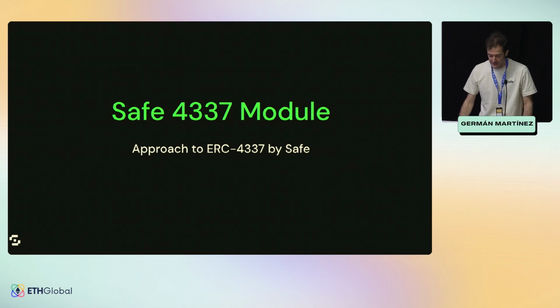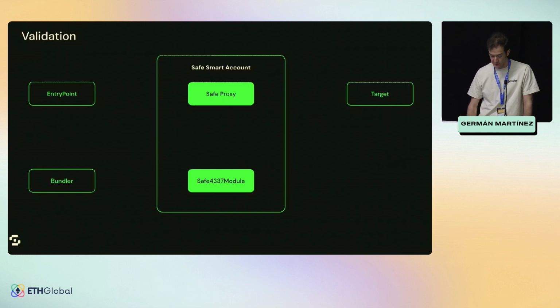So let's see now how the Safe 4337 module works together with the account and also the other actors. Here we can see, first of all, the validation step. Later we will see the execution step. We can see the different actors in the 4337 ecosystem.